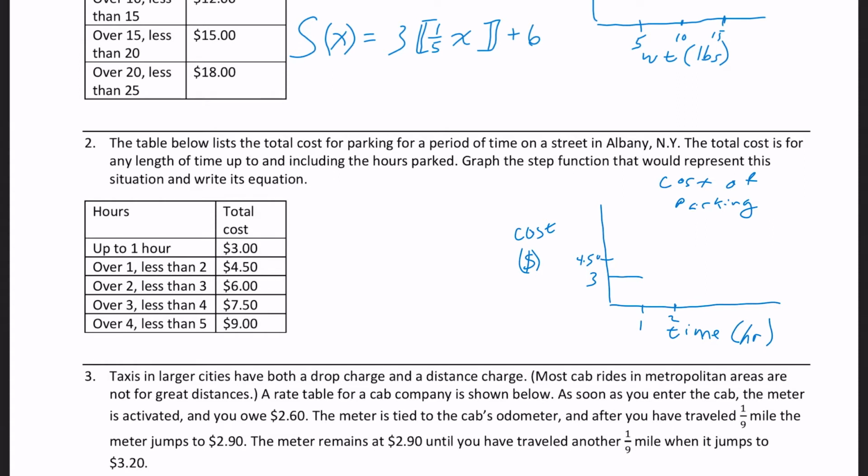And so everything in that interval from 1 to 2 is all charged $4.50. And then if I go over 2 hours, and so between 2 and 3, it just automatically adds another $1.50, and I'm up to $6 now. And by the time I see just a couple of steps, I see the type of function and all the behaviors that I need to account for.